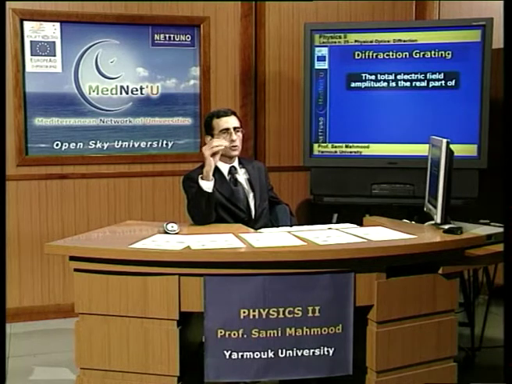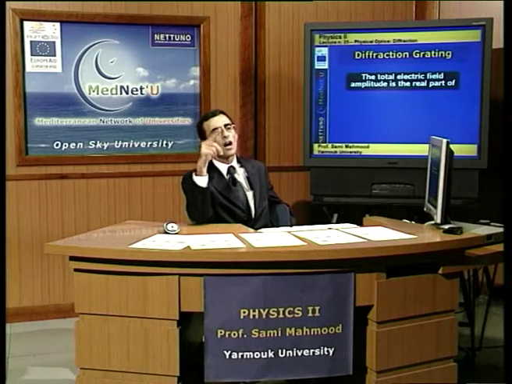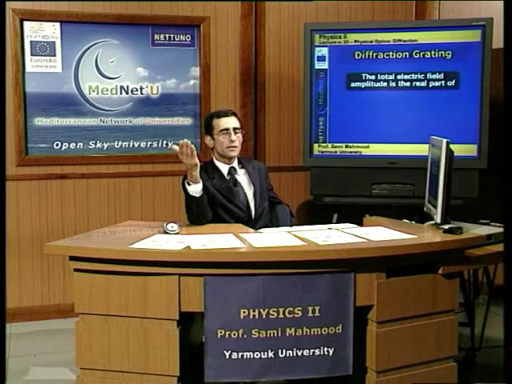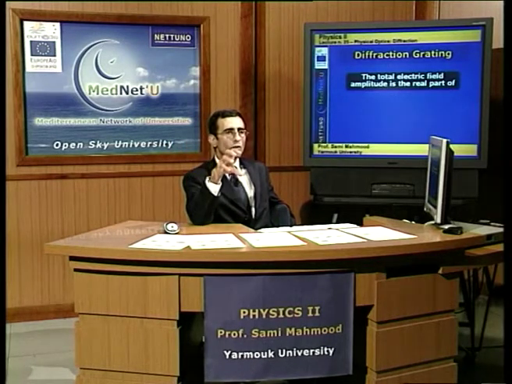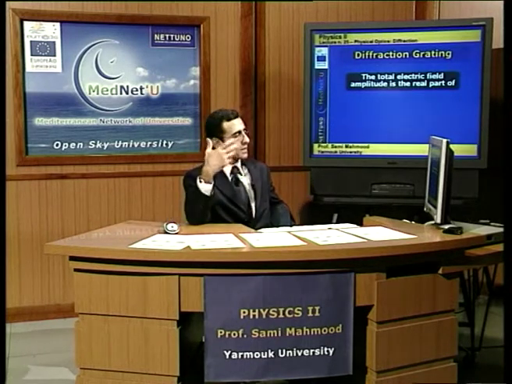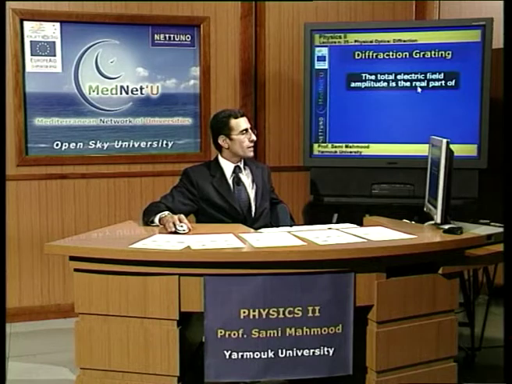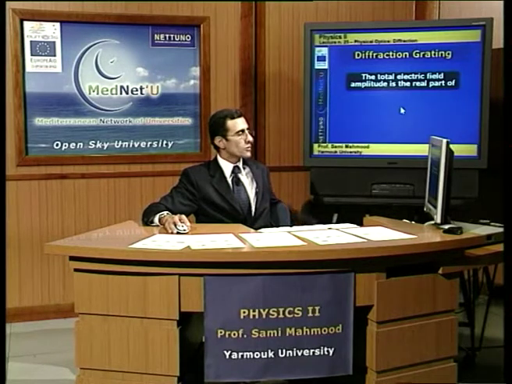It's much easier to deal with complex numbers. So we set E equal to E naught times e to the j omega t minus some phase, and then we can take the real part of this complex number. The real part will give the real electric field. So we can deal with complex numbers, and then take the real part of that in order to get the electric field.